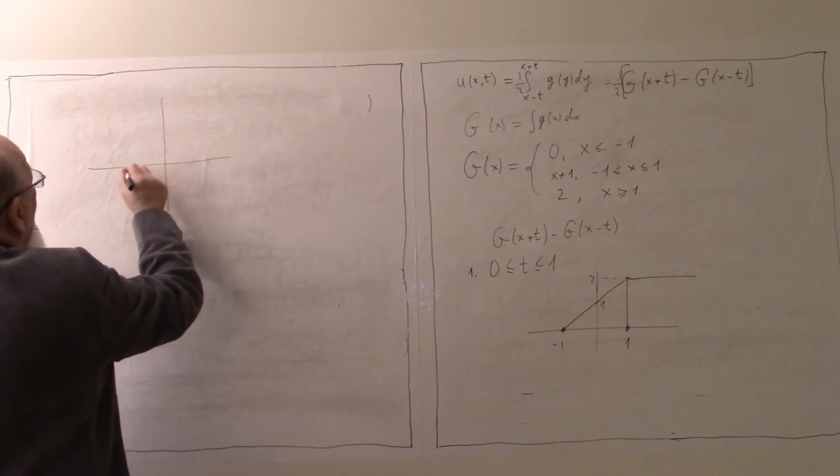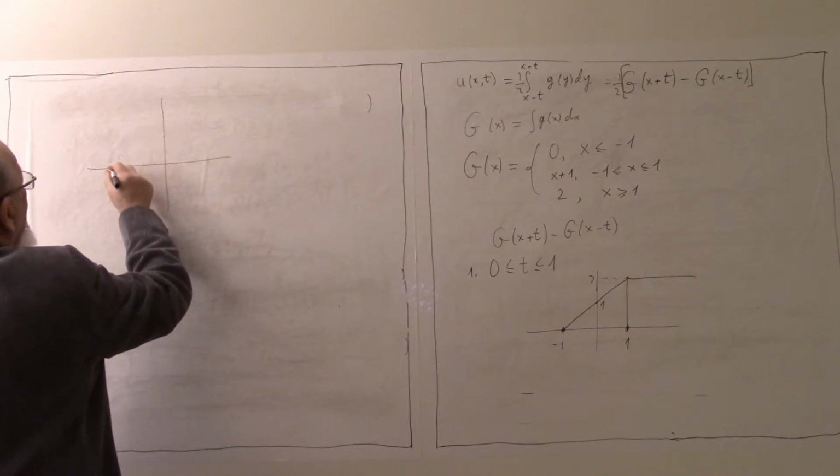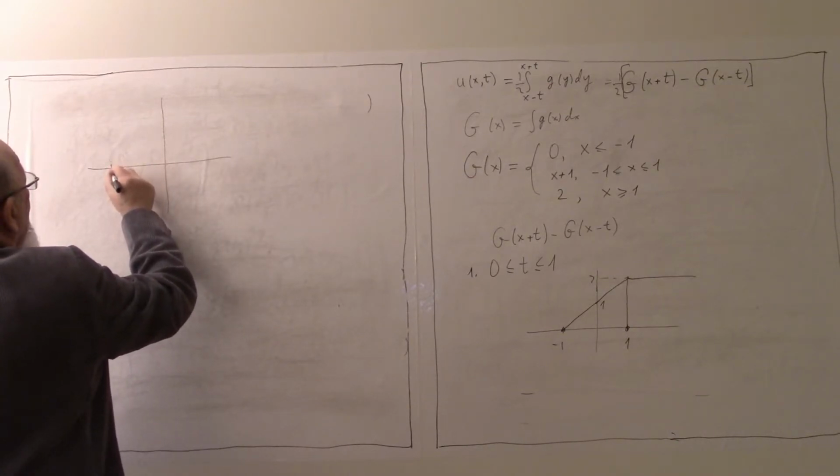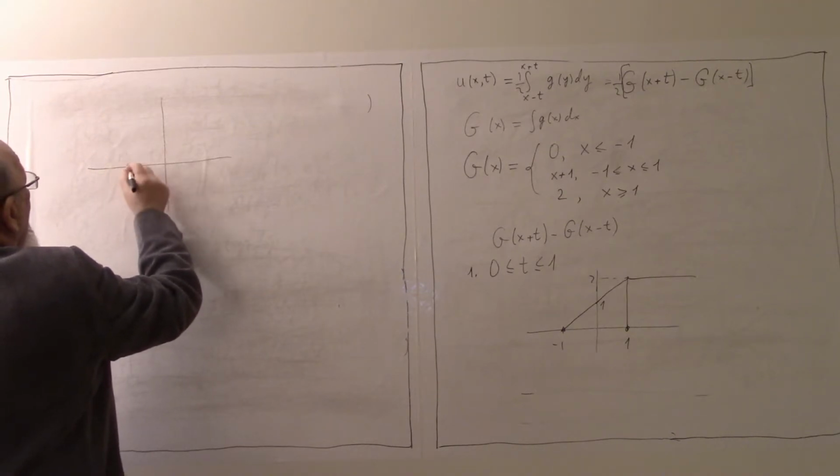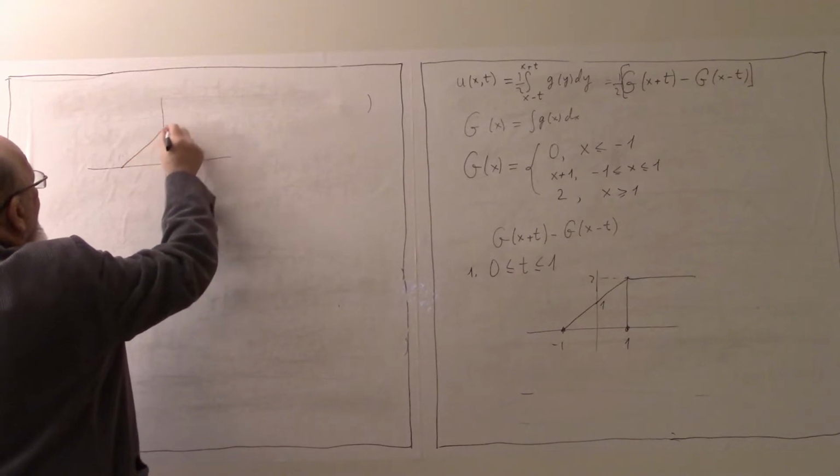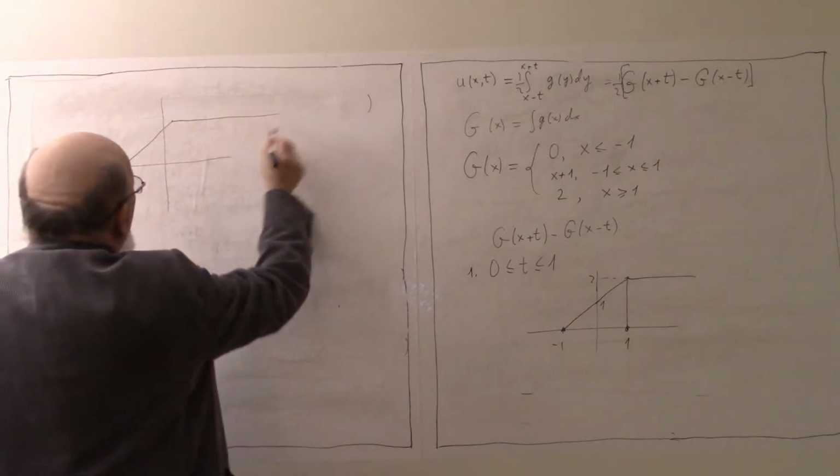So G(x+t), if t is positive, looks like this.